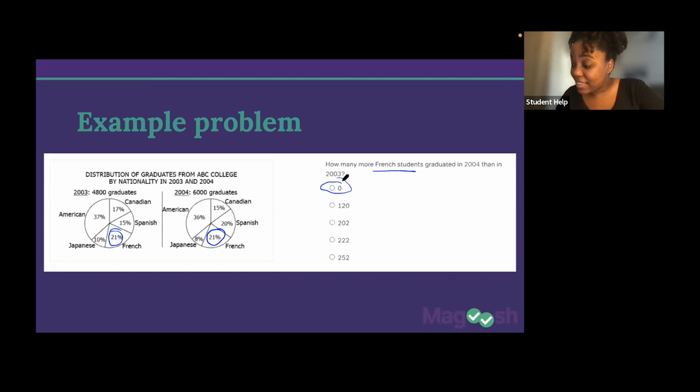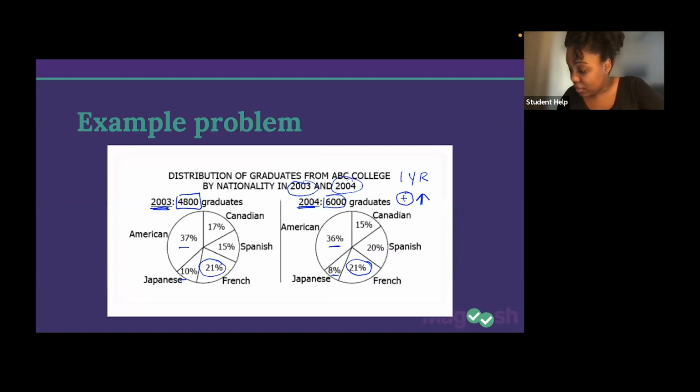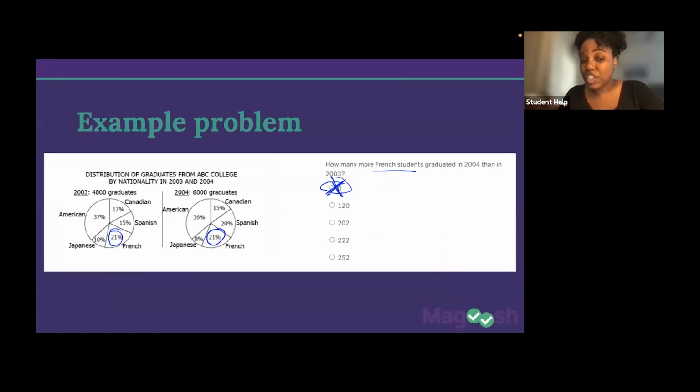But that's not true, because remember in our markup, one of the things I immediately noticed is that there was an increase in the number of graduates from 2003 to 2004. Because the number of graduates changed, even though the percentage doesn't change, it still changes the value. It still has an increase in the number of students.